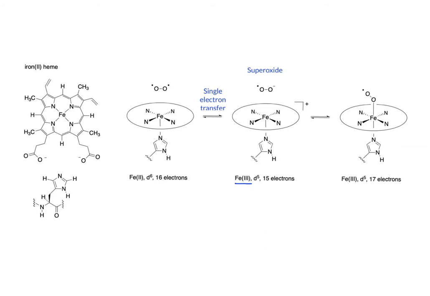The bracket with the plus sign simply means that the positive charge is shared and delocalized throughout the iron, porphyrin, and even onto the histidine ligand.